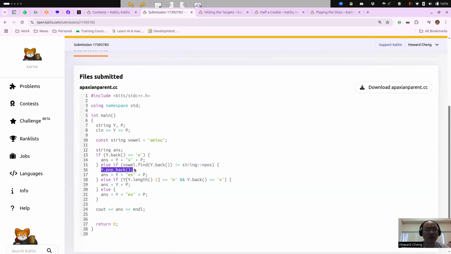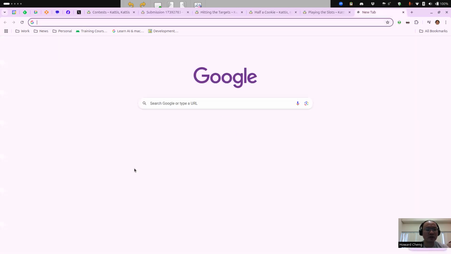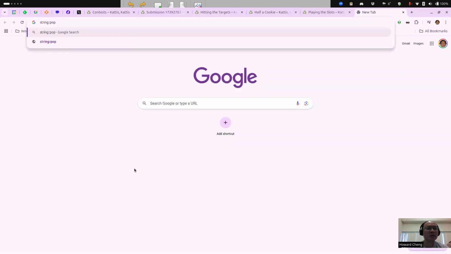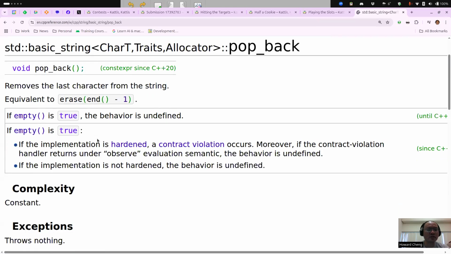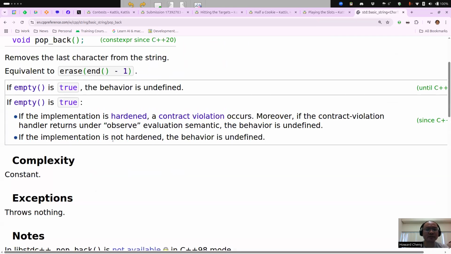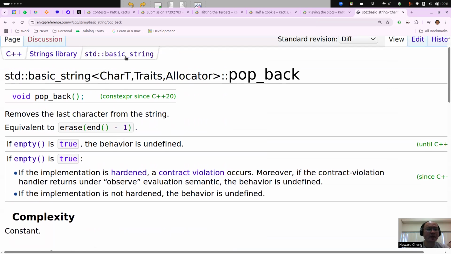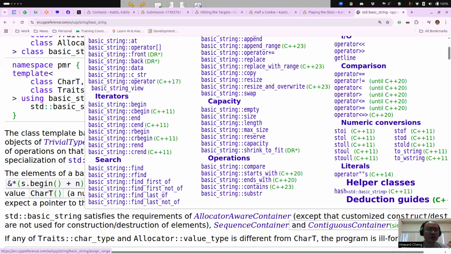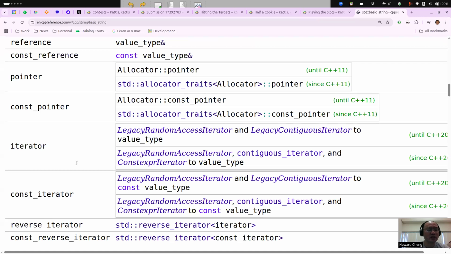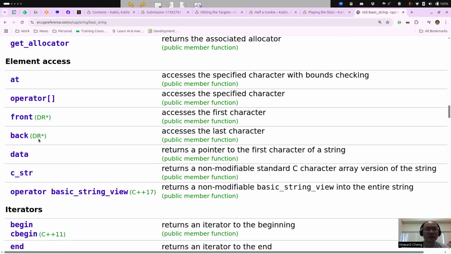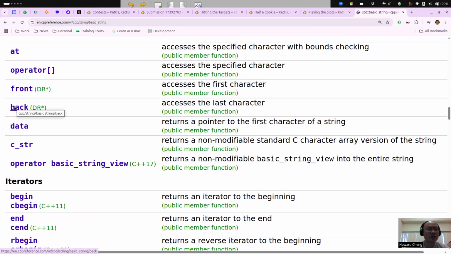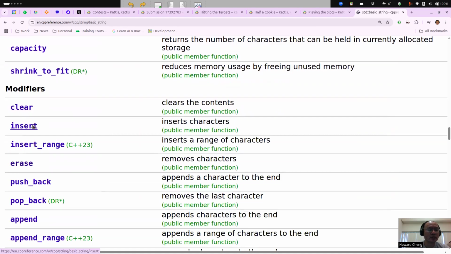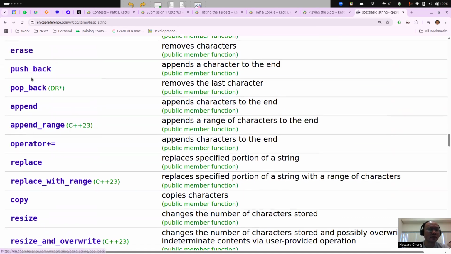So with strings, you can do pop back. I didn't know that C++ basic string has a pop back function. And in general, you can look up what functions you can use with basic strings. There's a back, for example, that's what I use, and then pop back.